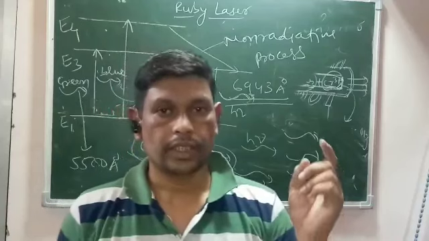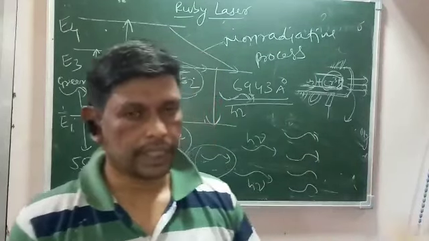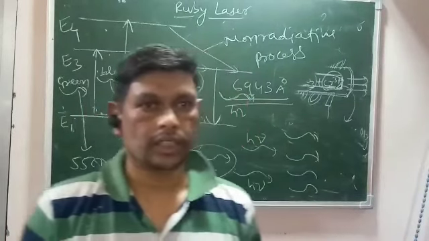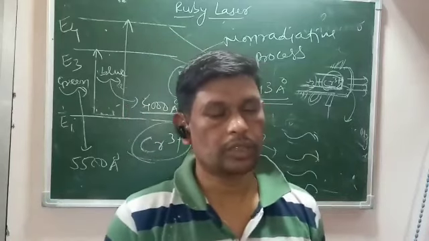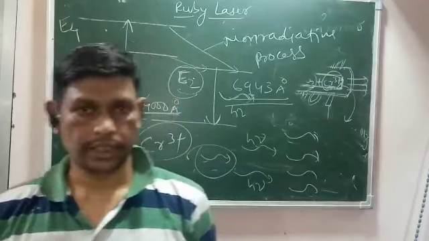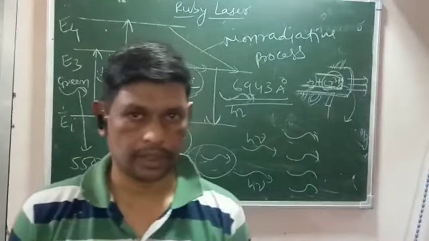The intensity is very high but the efficiency is very low. When we apply 10 kilowatts, around 1 kilowatt of laser beam is obtained, but it is very intense. So the intensity is high but not the discreteness of the laser pulse. That's why it cannot be used for experimental purposes.